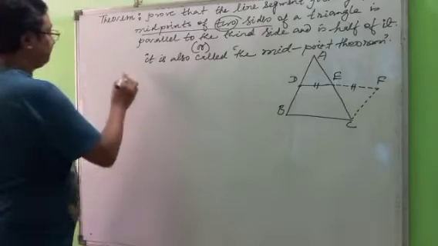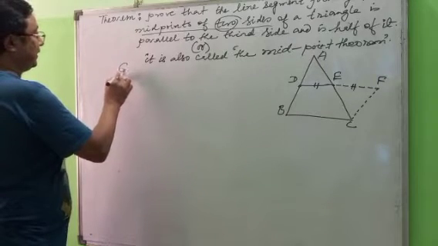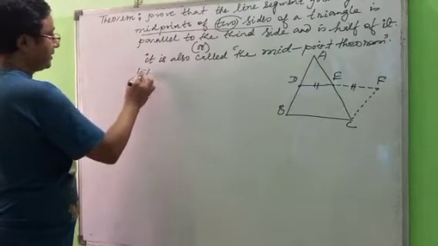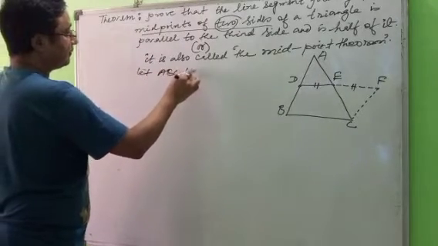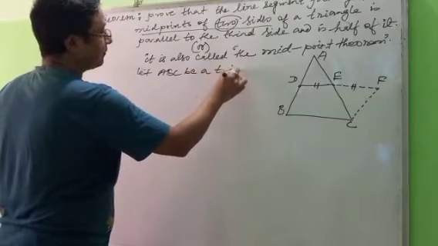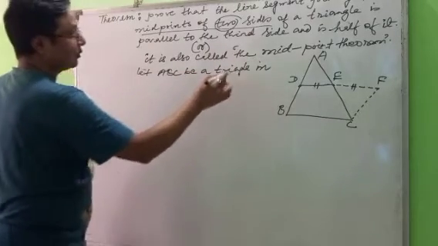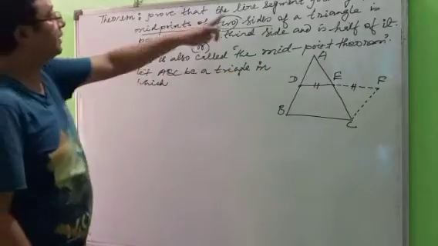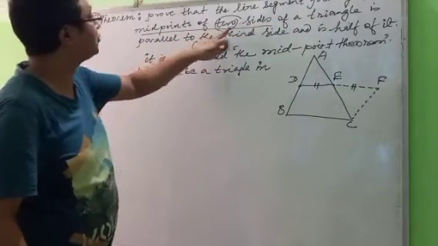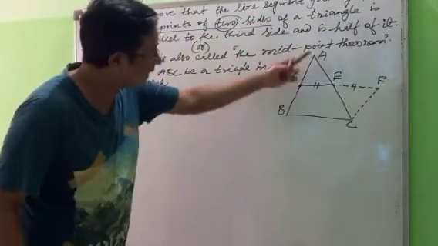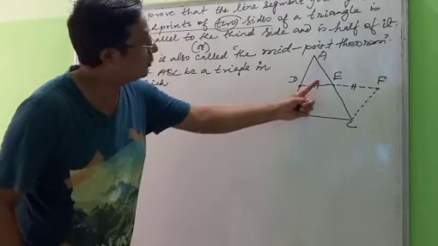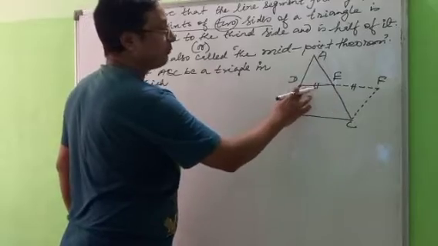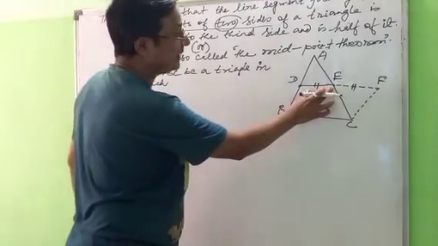Now, the given: let ABC be a triangle in which D and E are the midpoints. The line segment joining the midpoints of two sides AB and AC gives DE.